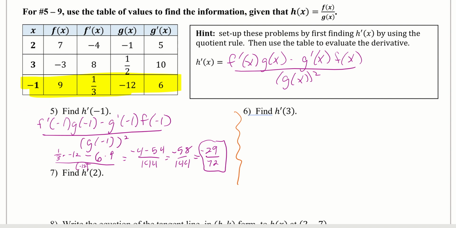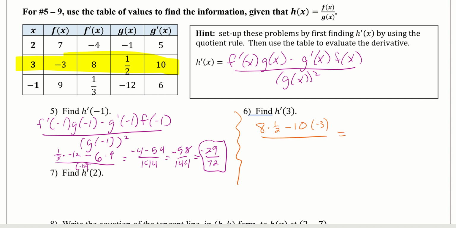Okay. So the first one that I'm looking for is f prime of 3. So now we're in this new row. So f prime of 3 should be 8 times g of 3, which should be 1/2, minus g prime of 3 should be 10, and then f of 3 should be negative 3.